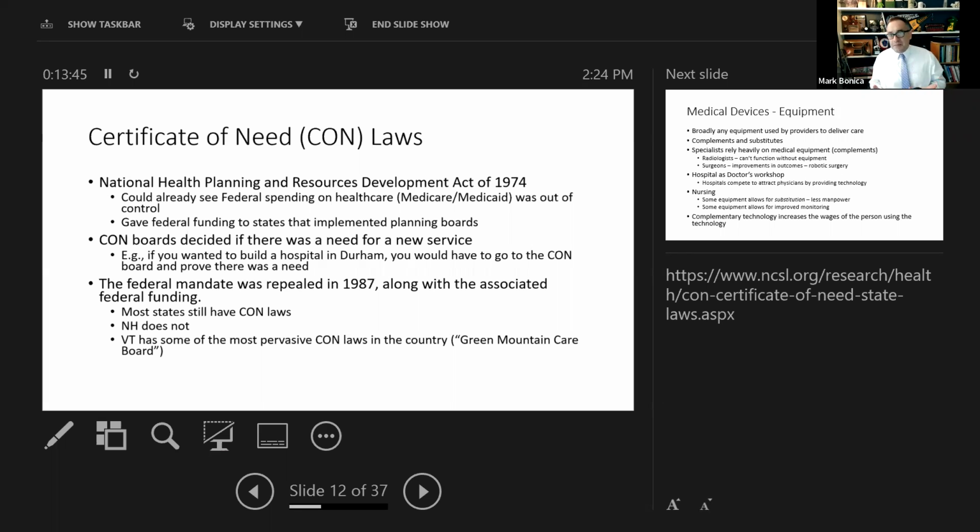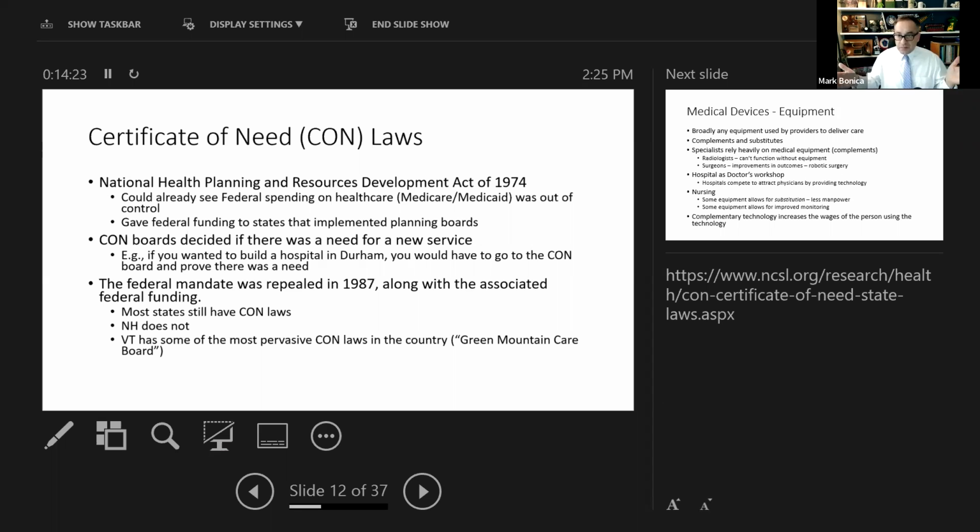The reason they came about was because we were only 10 years into Medicare and Medicaid, and we were already realizing, holy cow, this thing that we said we wanted to give people is really expensive. The government had been paying to build hospitals, and we'll talk more about inpatient care in a later chapter, but the government subsidized the building of hospitals across the country.